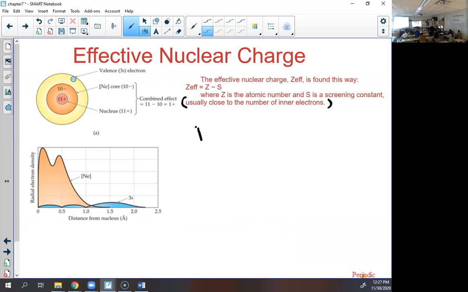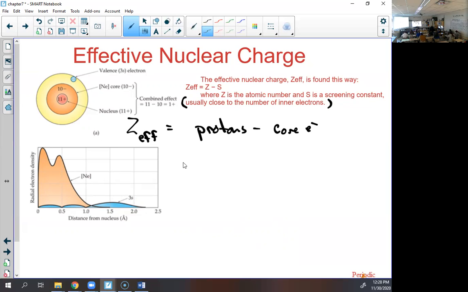It's protons minus core electrons. Protons minus core electrons. That will tell you your Zeff.